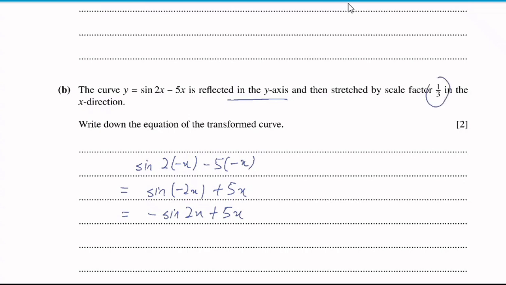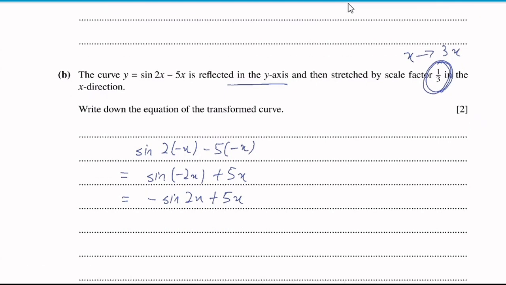And then it is stretched by scale factor 1/3 in the x direction. So stretch in the x direction, but it is 1/3. For this case, x becomes 3x. It's the other way around in the x direction.